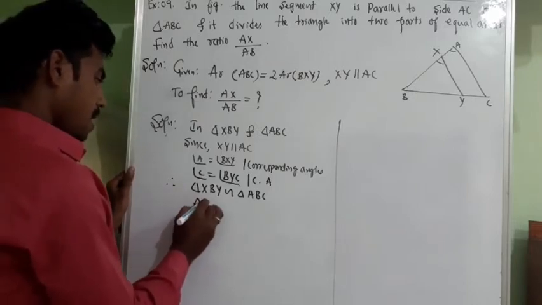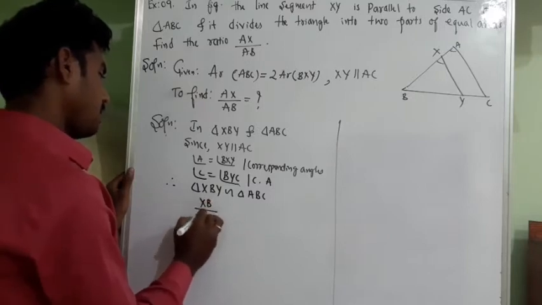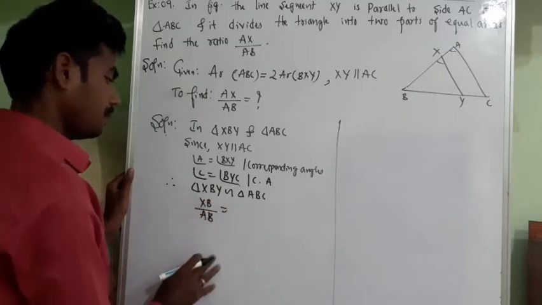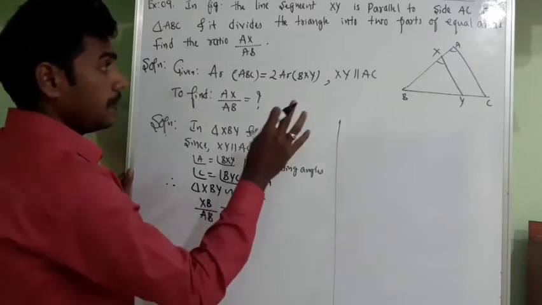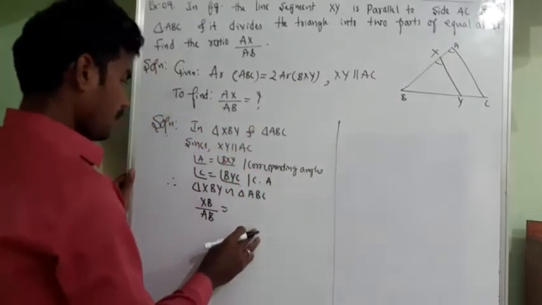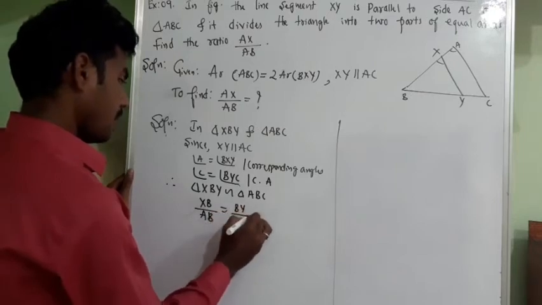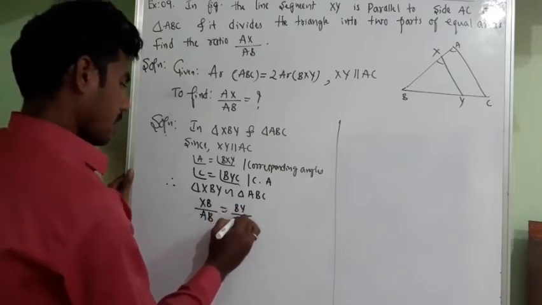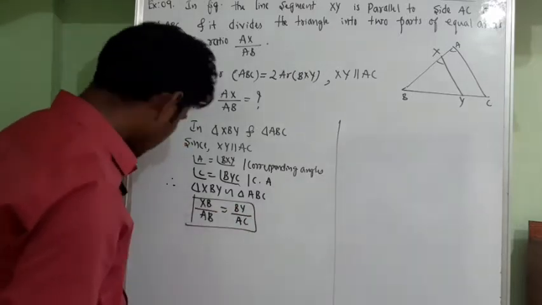XB by AB is equal to BY by AC. So we can write this, or else C, that we don't need.